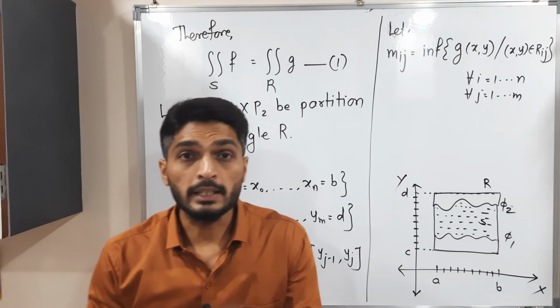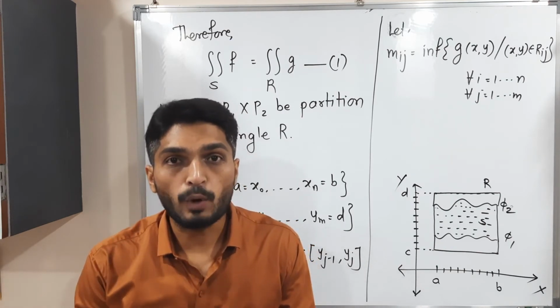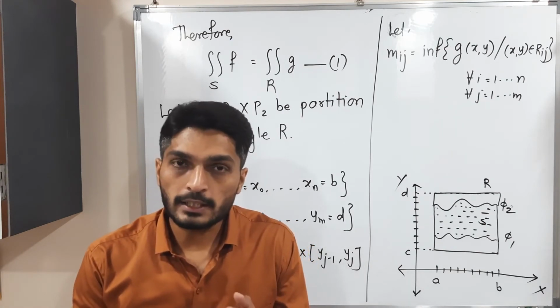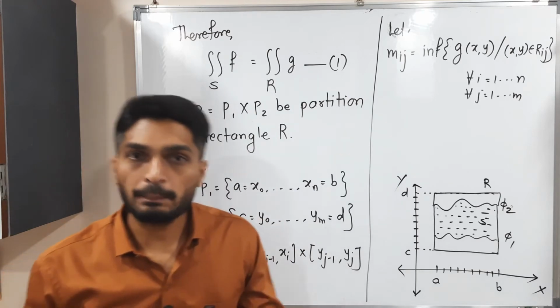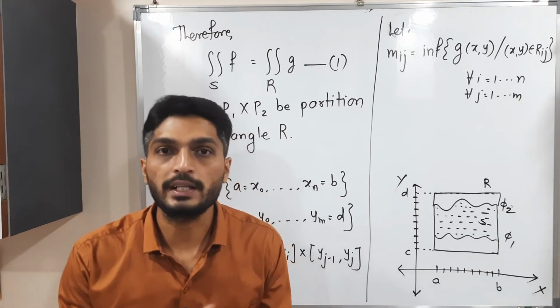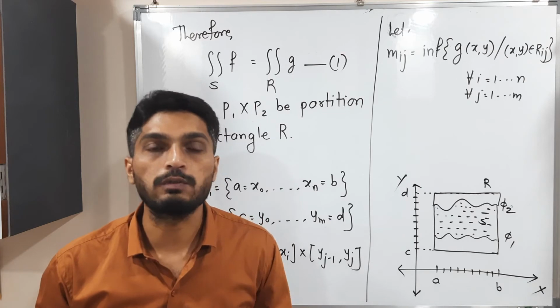So by taking the infimum of g, we have defined small mij. Similarly, by taking the supremum of g, we can define capital Mij, but it is not required in this proof, so I will skip it and we will go further.